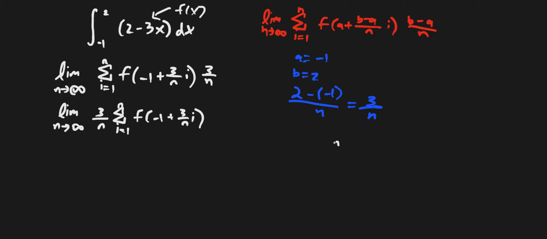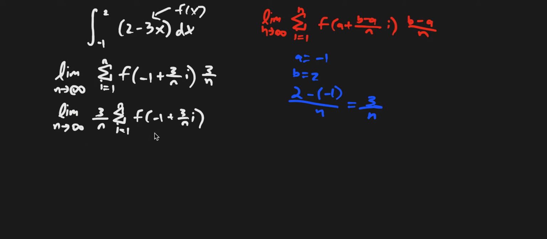Basically, if we have the summation from i equals 1 to n of a constant a times something like b plus i, we can take that a and bring it outside, and that's completely okay. So this is what we have.